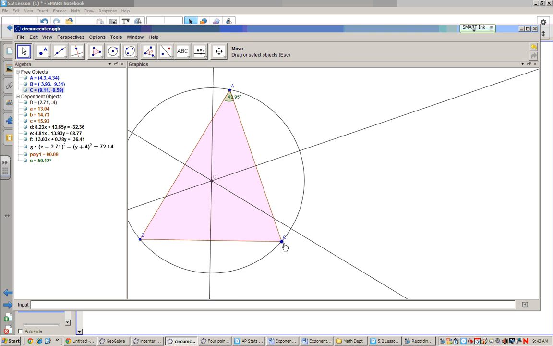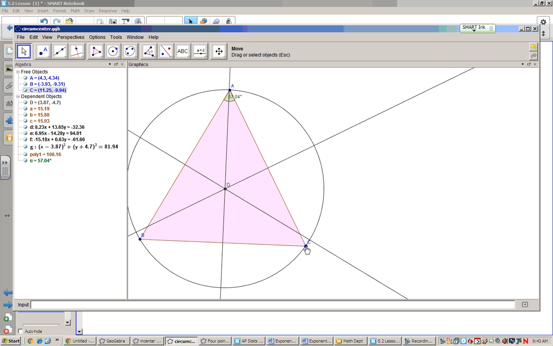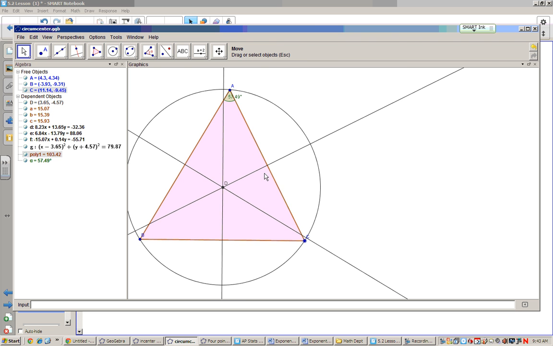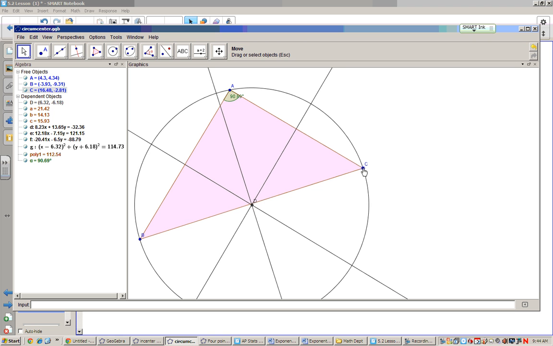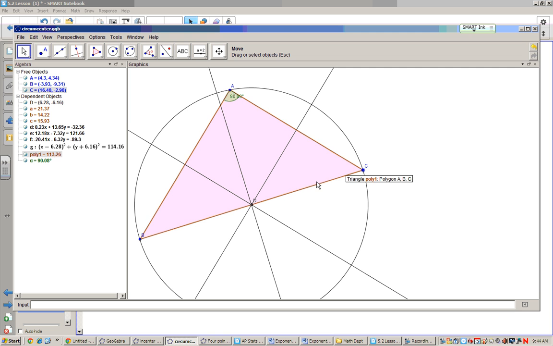If I have an acute triangle, my circumcenter is on the inside of the triangle. However, if it is a right triangle, let's get it closer, 90.06, that's pretty close. If this is a right triangle, my circumcenter is going to be on the hypotenuse. These two smaller sides we call legs, and this third side is called the hypotenuse.